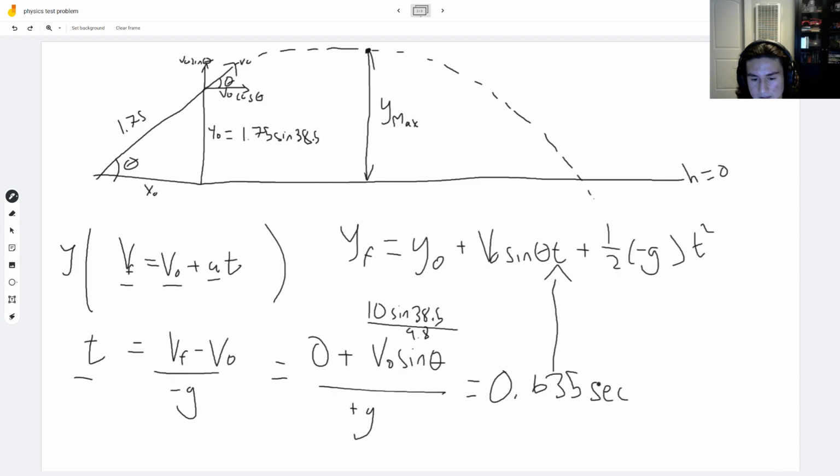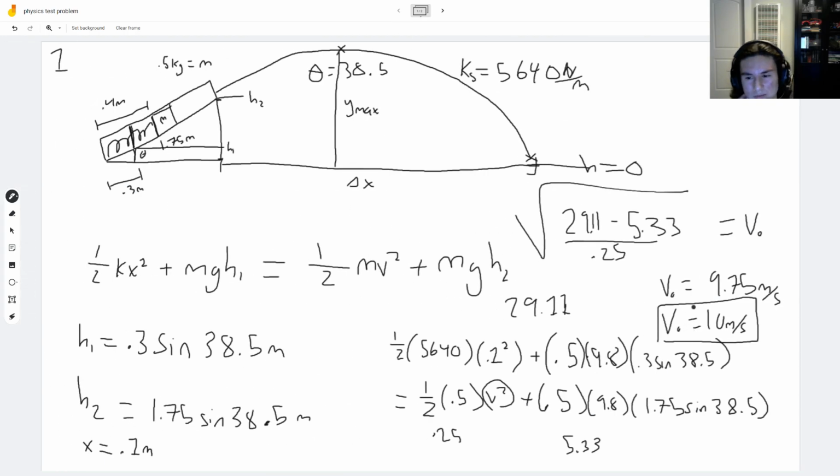And when I press enter, that should give us a maximum height, or a y final, equals 3.1 meters.